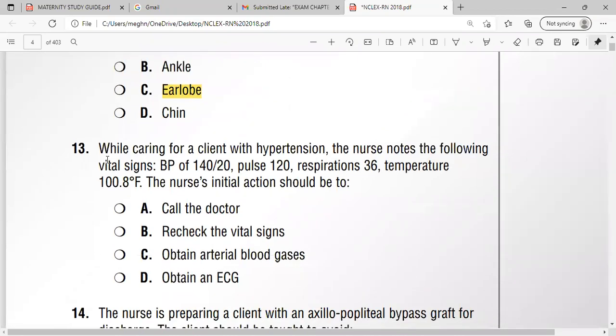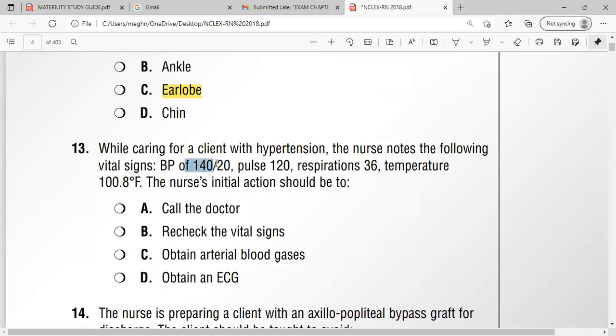Next question here. When caring for a client with hypertension, the nurse notes the following vital signs. Blood pressure 140/20, pulse 120.